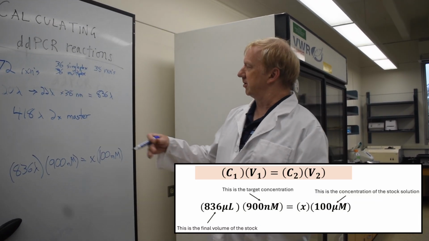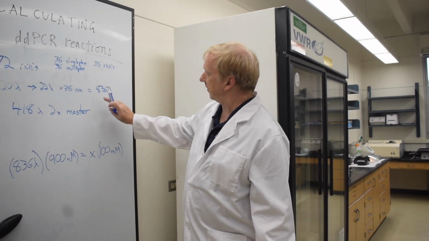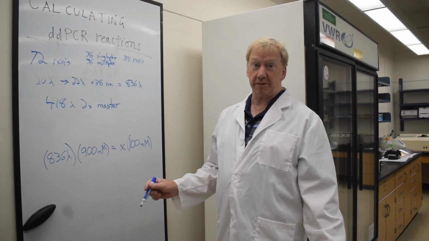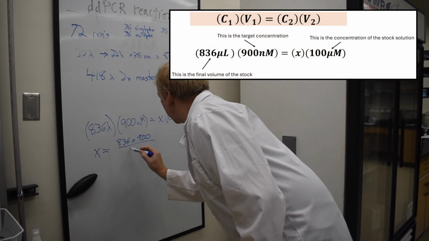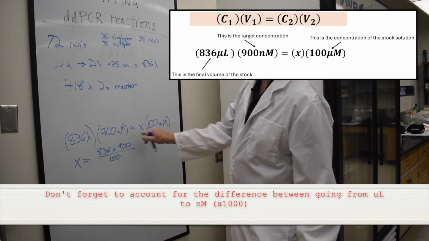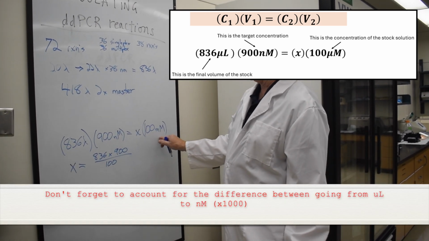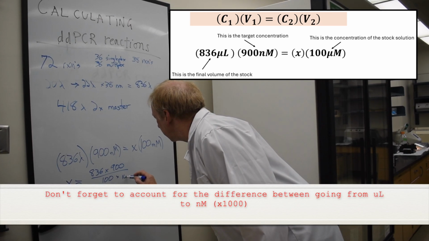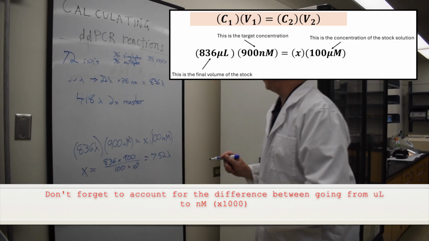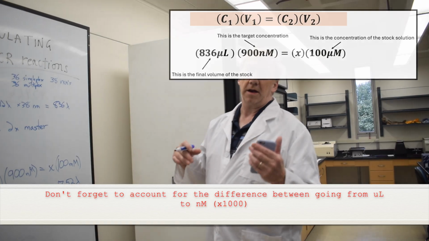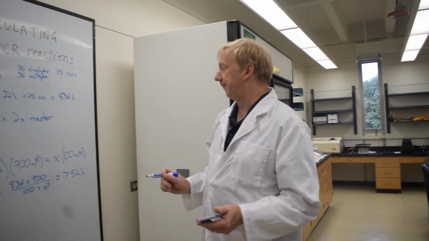How much of our stock solution do we put into this 836 microliter total reaction volume? We have a factor of 10 to the third, 7.52 microliters of our amplification primers.